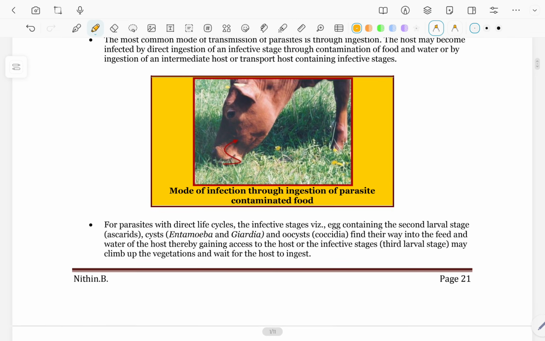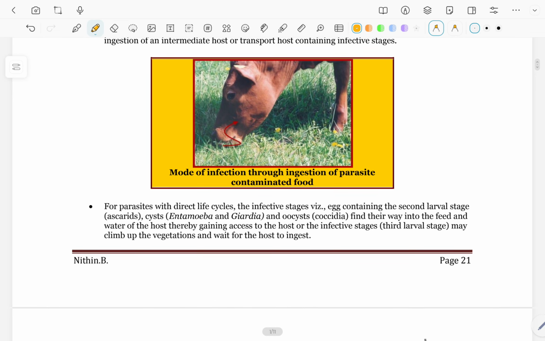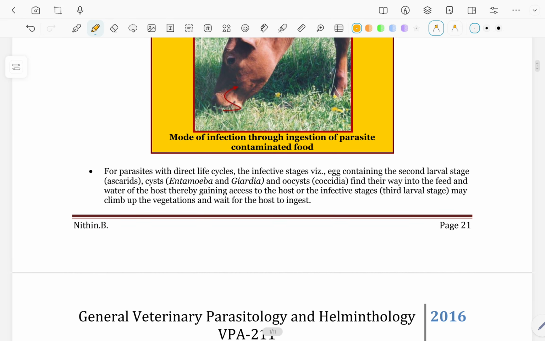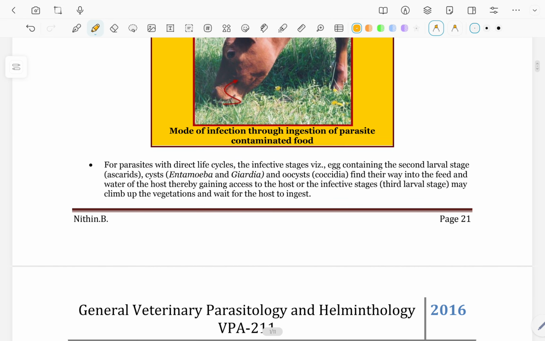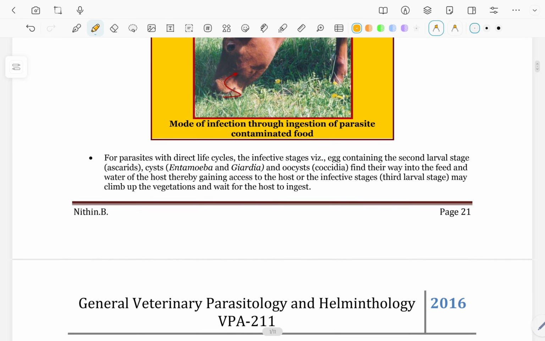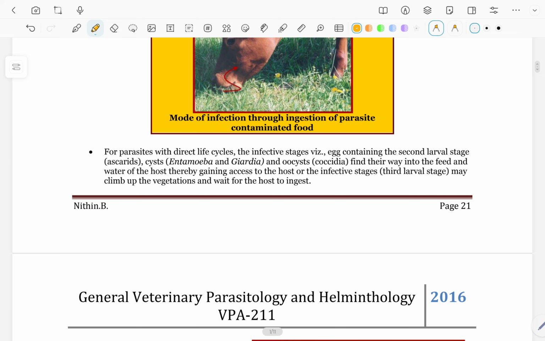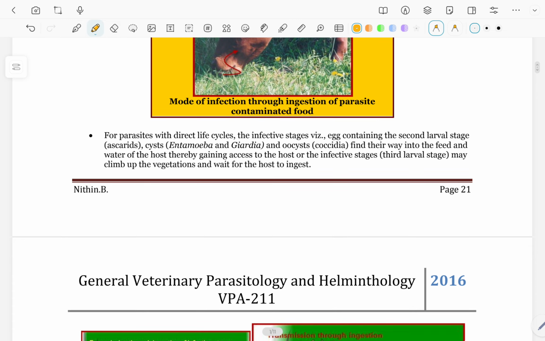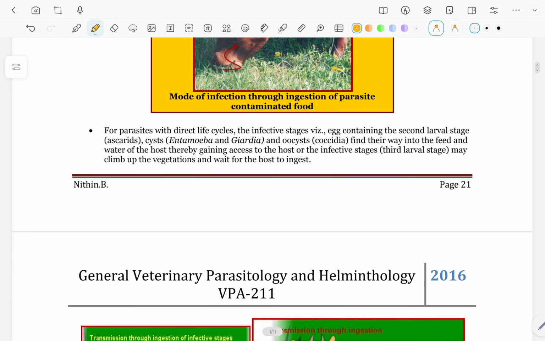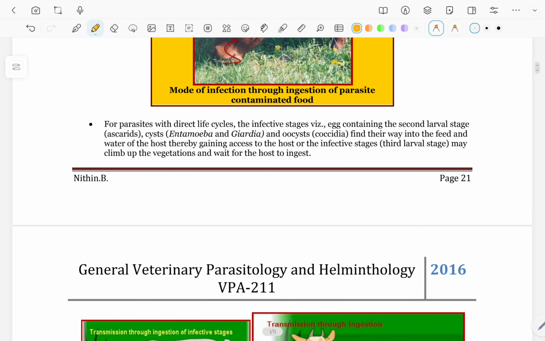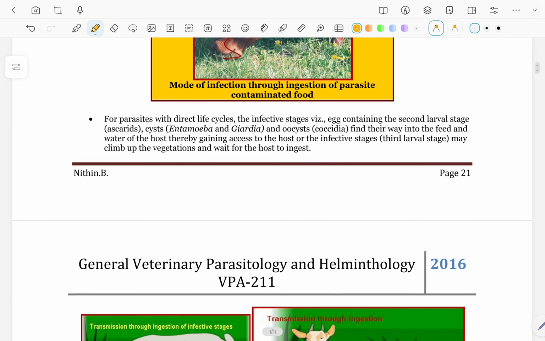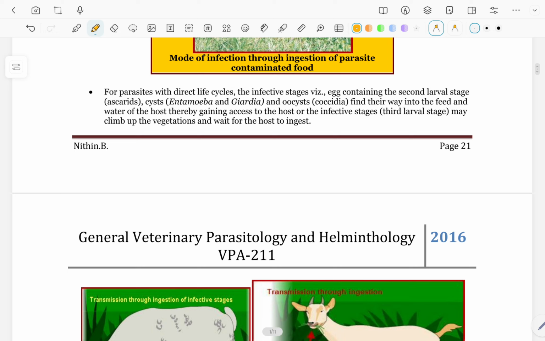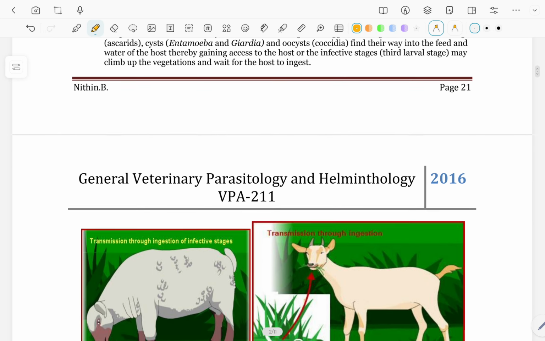For parasites with a direct life cycle, the infective stage, such as the second larval stage of ascarids, cysts of amoeba and giardia, and oocysts of coccidia, find their way into the feed and water of the host, thereby gaining access to the host. The infective third larval stage may climb up vegetation and wait for the host to ingest it.